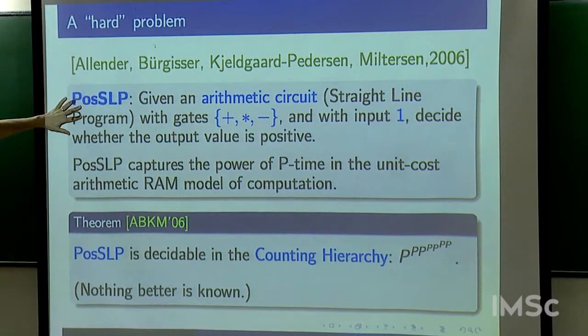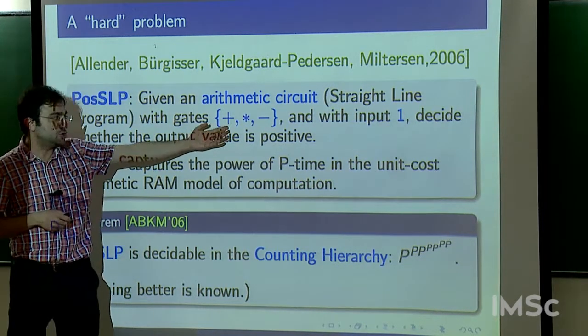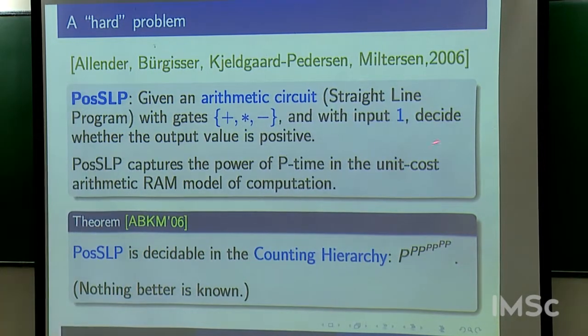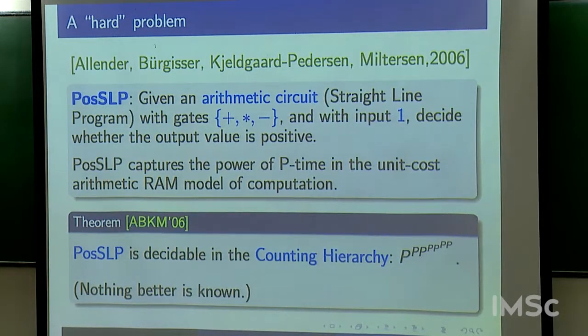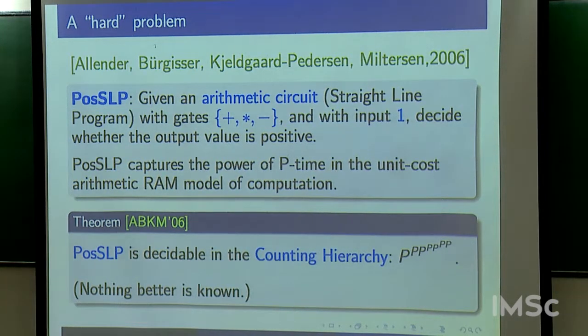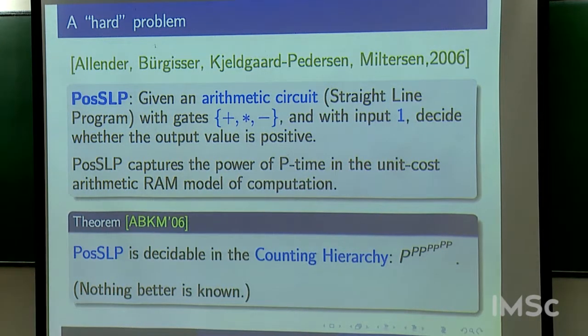So there's this PosSLP problem, which asks the following. You're given as input an arithmetic circuit, a straight-line program with plus, times, and minus gates, and with input 1, and you're supposed to decide whether the output value is positive or not. You don't know how to do this in the obvious way in polynomial time, because if you just tried to evaluate the circuit, by repeated squaring the numbers could blow up.